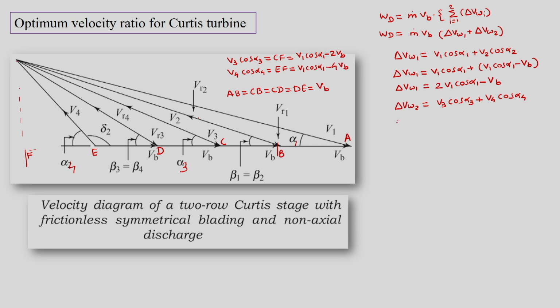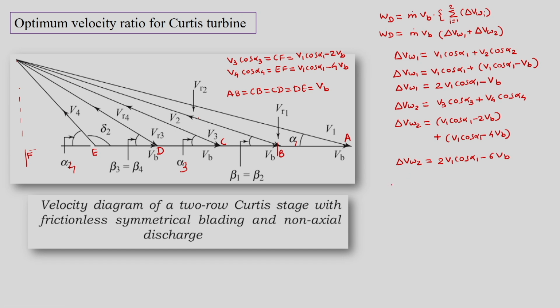So, delta VW2 is equal to V1 cos alpha 1 minus twice VB plus V1 cos alpha 1 minus 4 VB. So, delta VW2 is equal to twice V1 cos alpha 1 minus 6 VB.